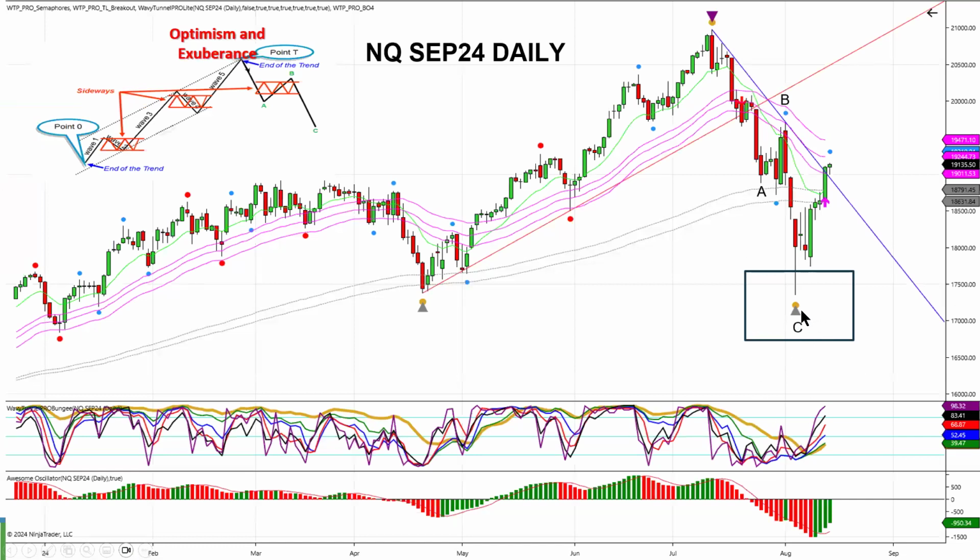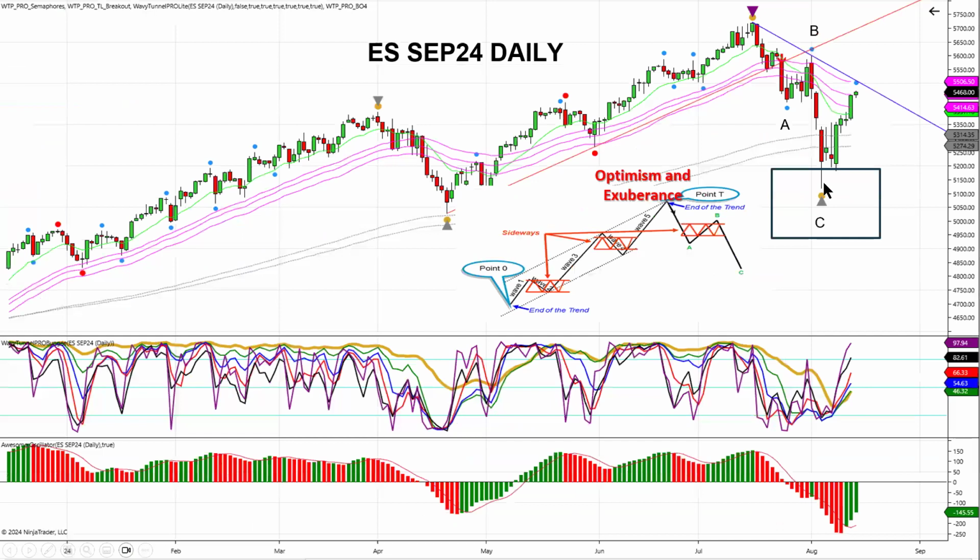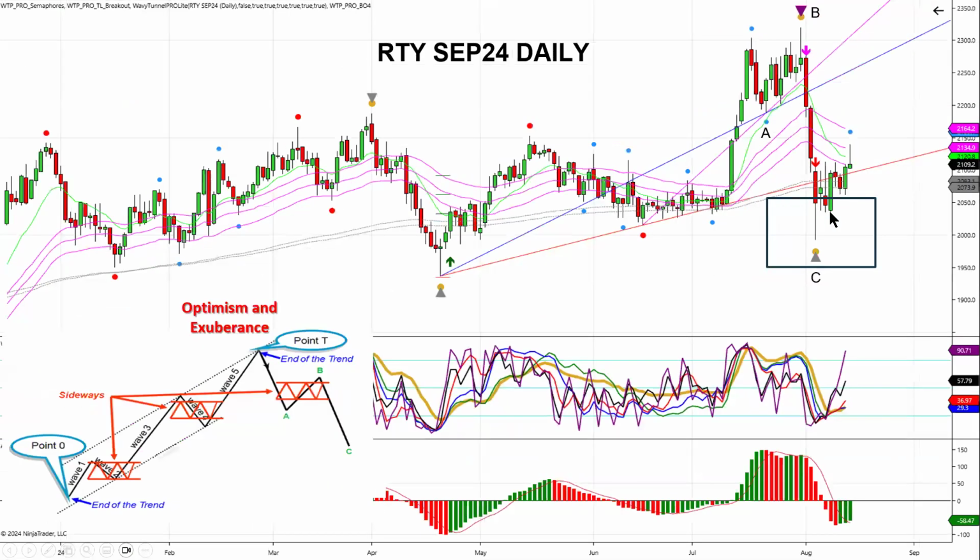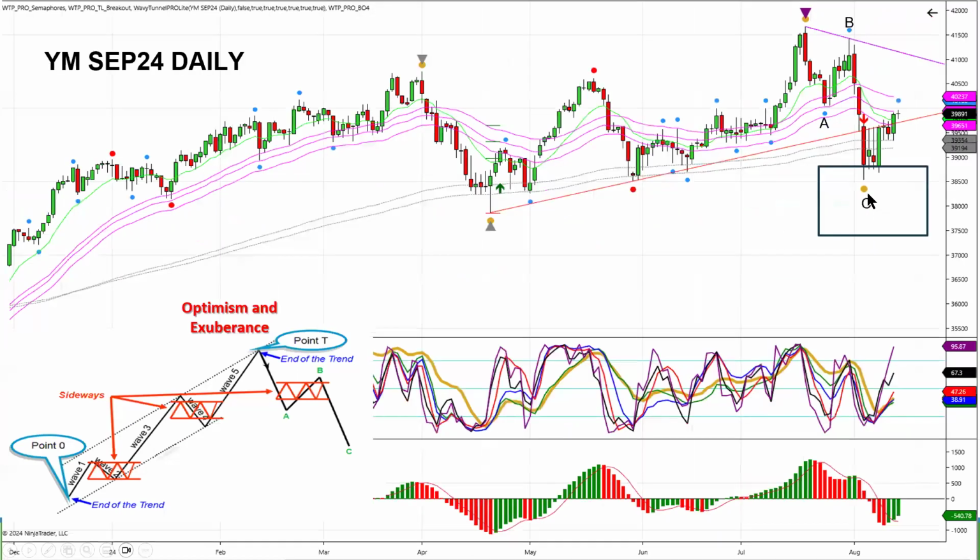This is the NASDAQ, the NQ. We got the lower gray, ABC. We got the lower gray on the ES, ABC. We got the lower gray on RTY, ABC. We didn't get the lower gray on the YM. We got a yellow, but good enough. And that was the swing point, the bottom of the move.